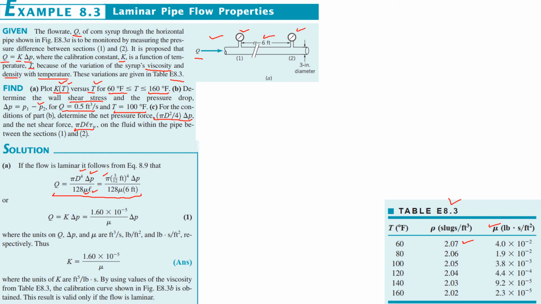Here it is 3 by 12 because we have to convert that into feet. We don't have any value of delta P, so it will remain as such. Then 128 mu and 6 feet.